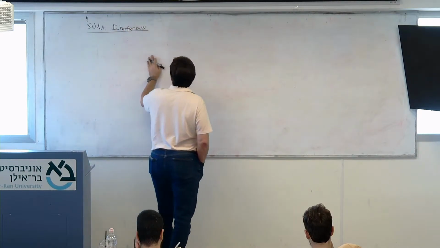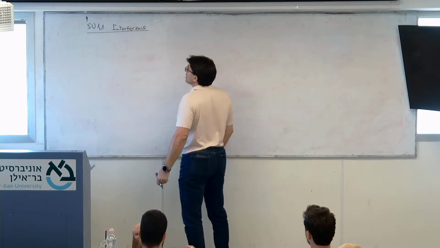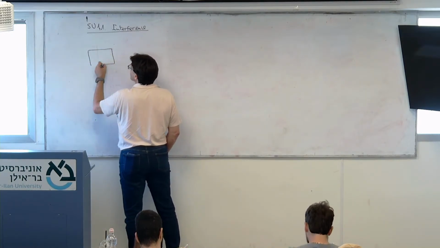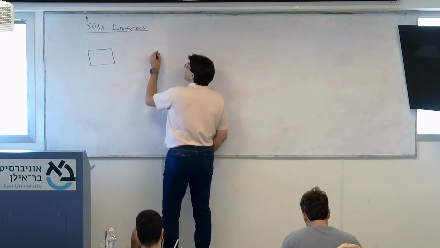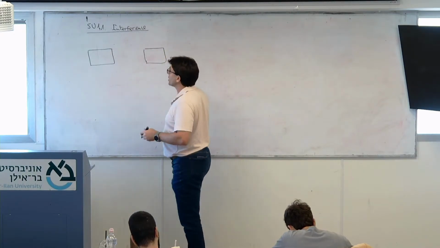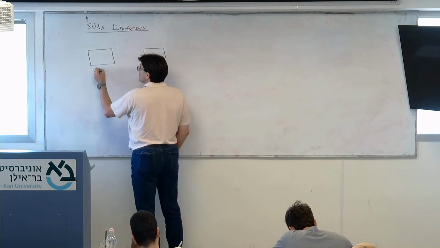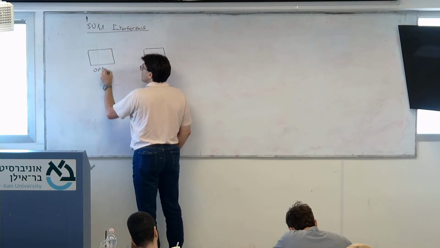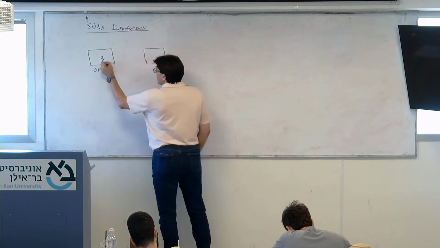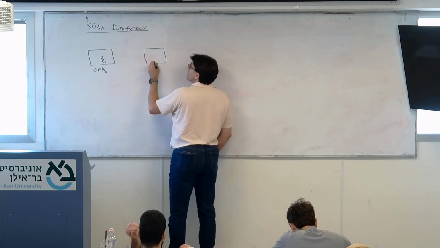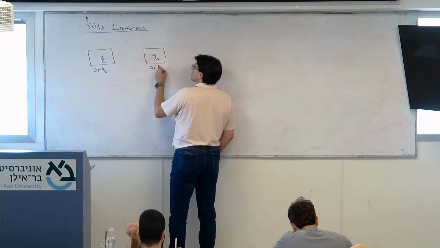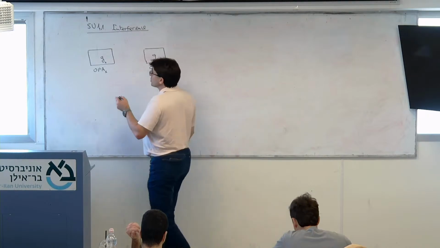I think Sar mentioned it a little bit, but let me say it the way I understand it. An SU11 interferometer is basically two parametric amplifiers, one with a gain G1 and the other with a gain G2, and just one input.